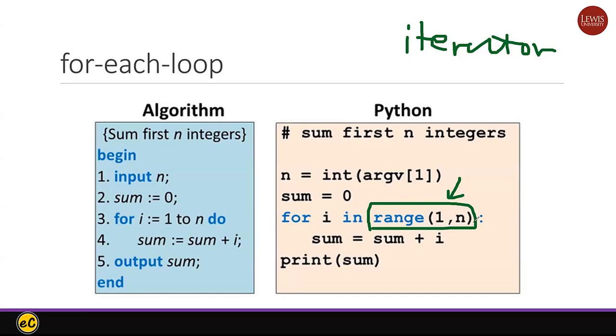So you must make the object or container iterable, and it must have an iterator that you can use to iterate through each object, so every time you retrieve a new object. This is the for each loop. The left-hand side is the traditional for loop.